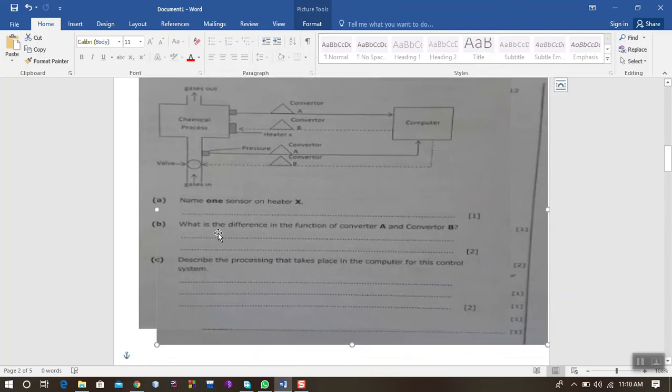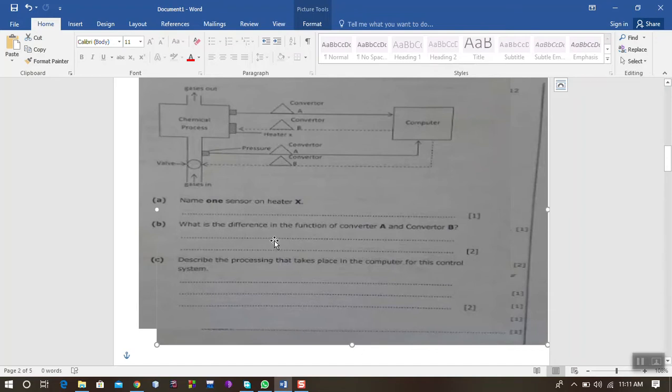Then what is the difference in the function of converter A and converter B? There is converter A, from the plant going into the computer. Remember, when it's going this side, it's analog to digital. Then this one is coming out of the computer, which is B. So from the computer to the sensor, it is always going to be digital to analog.